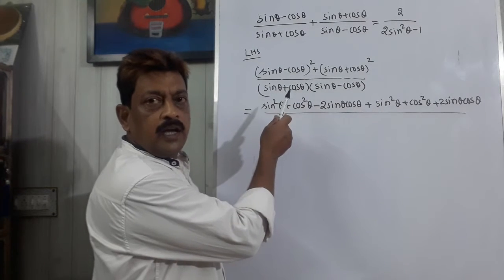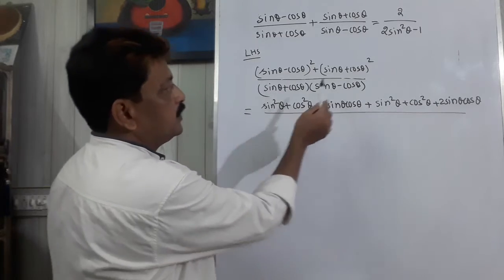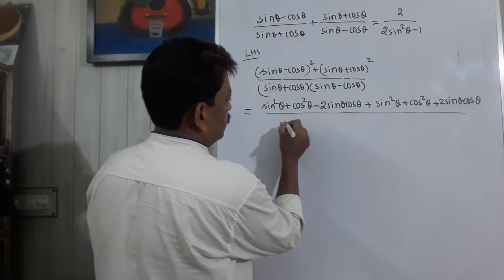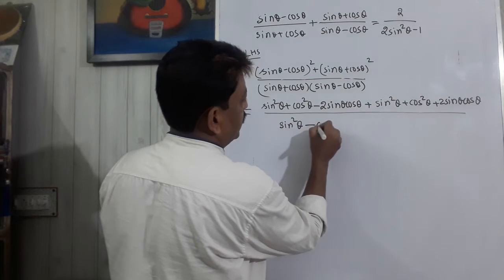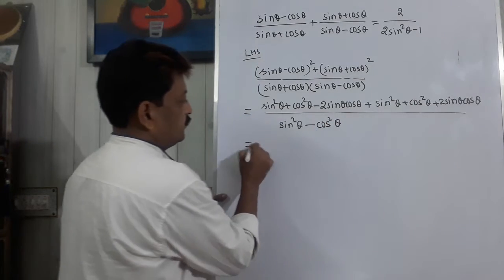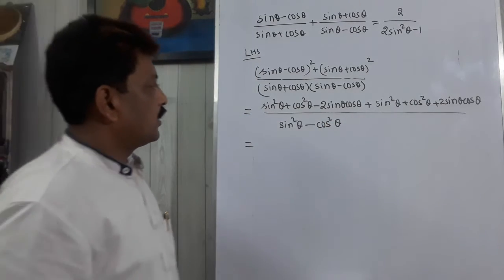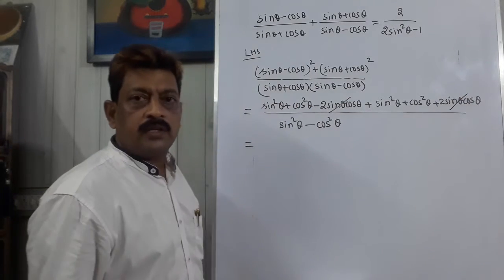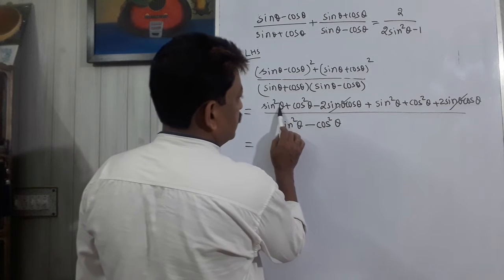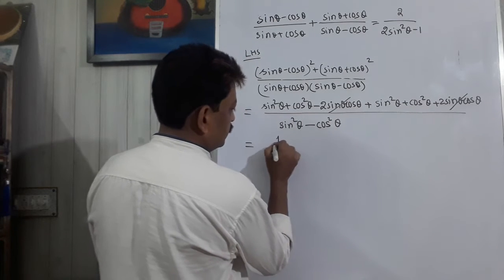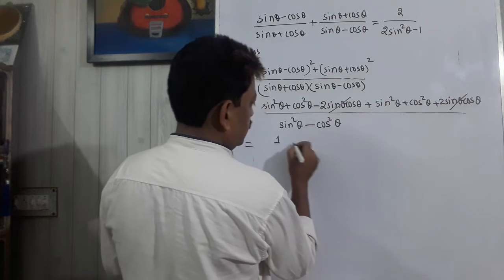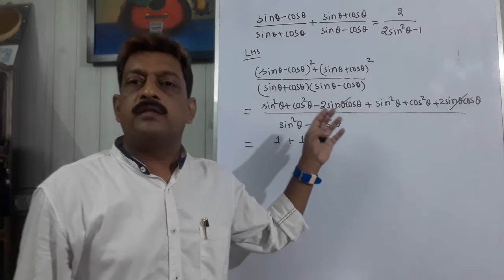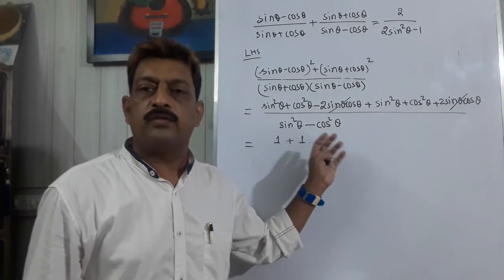Here a is sin theta and b is cos theta. So a plus b, a minus b is a squared minus b squared, that means sin squared theta minus cos squared theta. Understood? So here minus 2 sin theta cos theta plus 2 sin theta cos theta is cancelled. So what is left? Sin square theta plus cos square theta, that is 1. And here also sin square theta plus cos square theta equals 1. We know this is an identity, that sin square theta plus cos square theta equals 1.